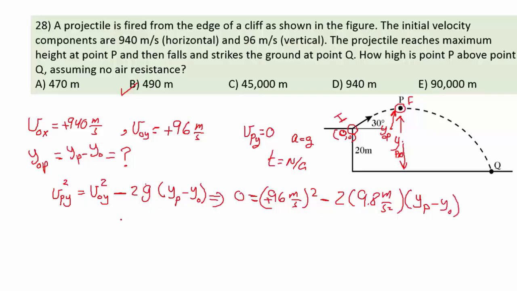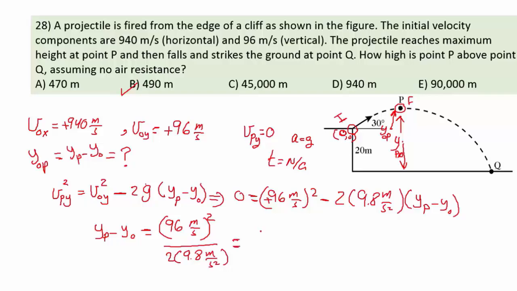And now we solve for yp minus y0. So rearranging the equation, we'll have 96 meters per second all squared, where we moved yp minus y0 to the other side, and this is divided by 2 times 9.8 meters per second squared.